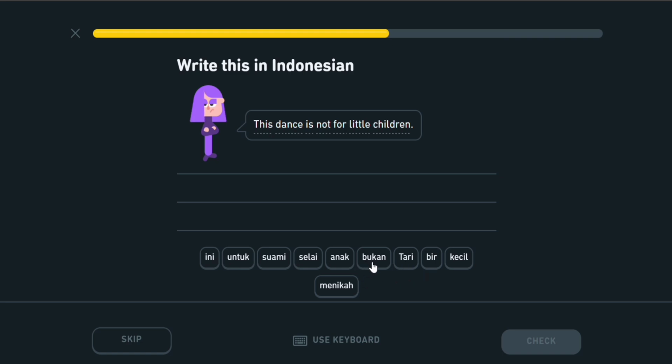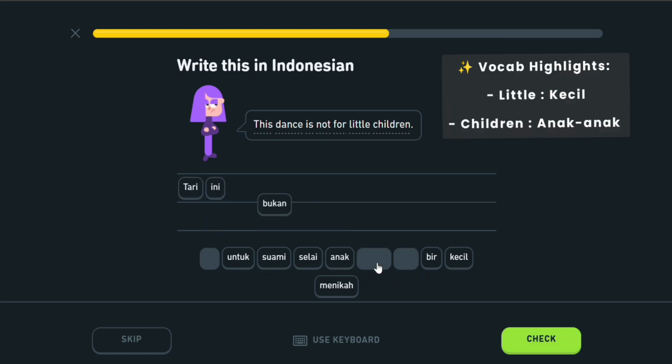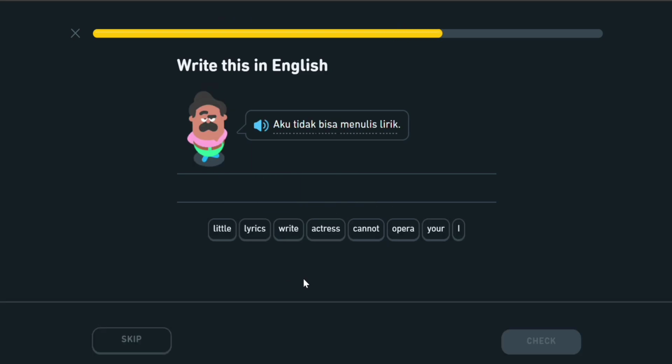So that is tari ini bukan untuk anak kecil. So usually in Indonesian we do use the English word for dance. We don't usually say tari.